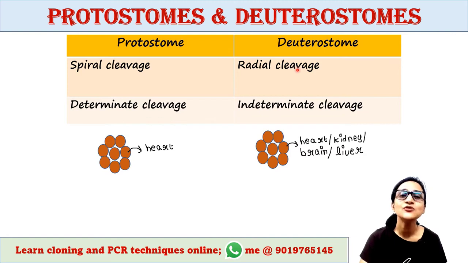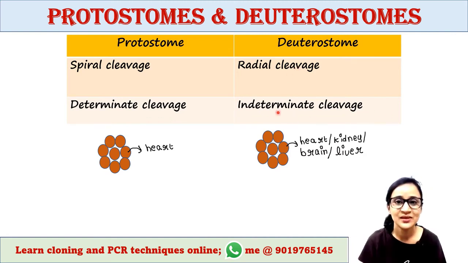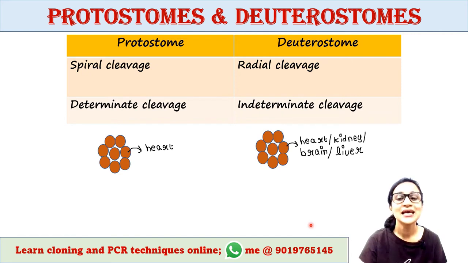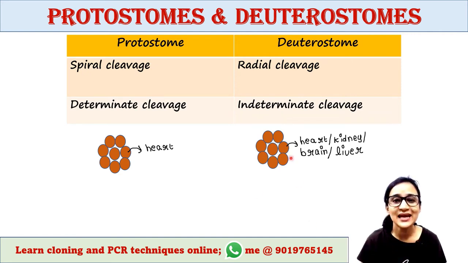Whereas deuterostomes show indeterminate cleavage, in which the developmental fate of each cell in the adult organism has not been determined. So, suppose this is an 8-cell embryo. Now, these cells don't know what they will become in future.